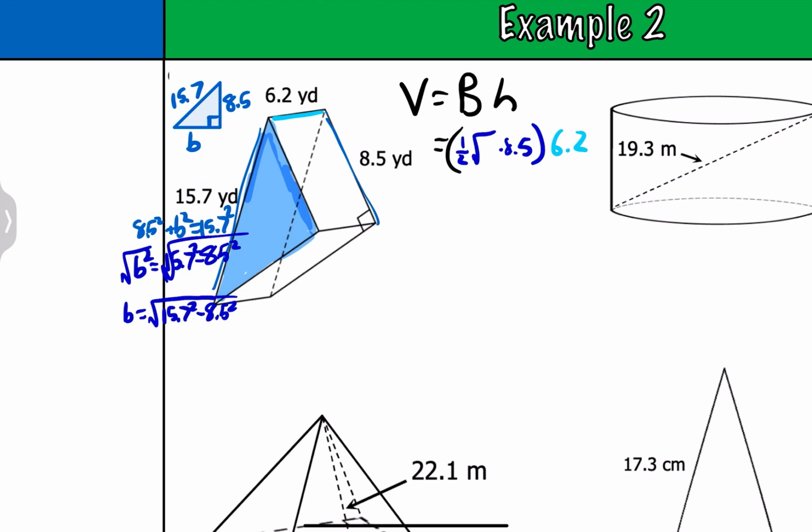So you're going to type the whole thing in the calculator, and you're going to get 347.8182 cubic yards.